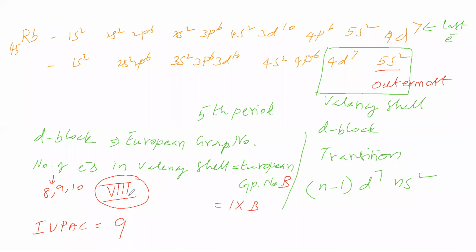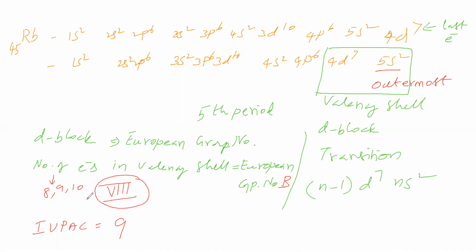These 3 families together are called the 8th group in the European system, which is reflected from Mendeleev's periodic table. So for 8, 9 and 10 electrons, you simply say the European group number is 8, not 9b.